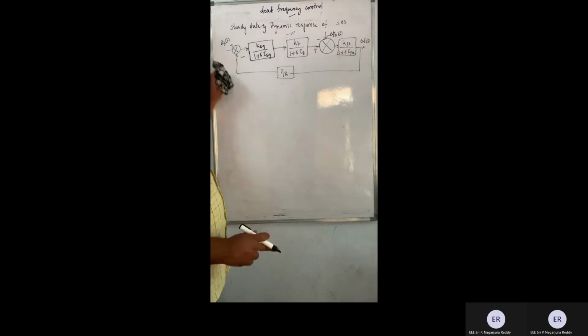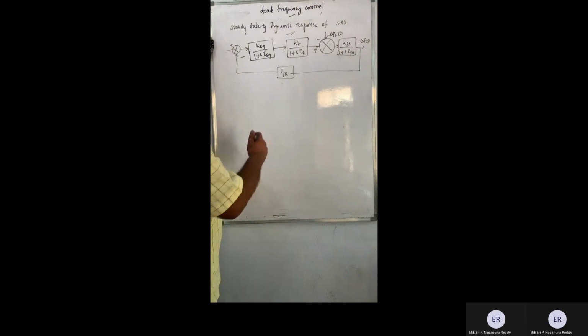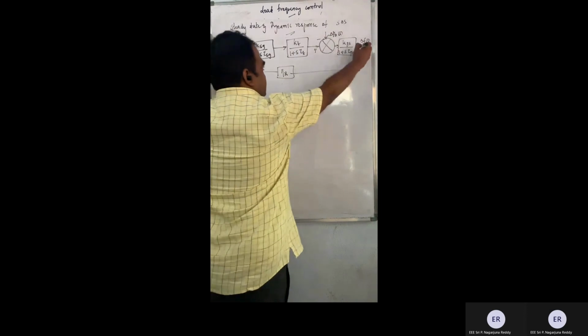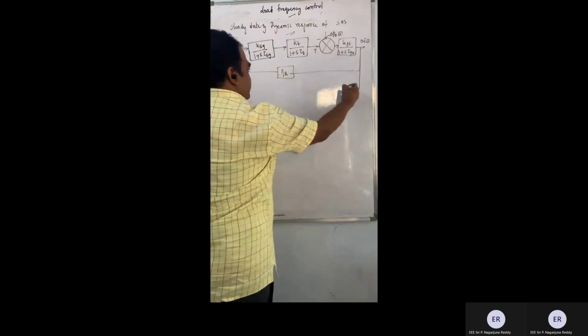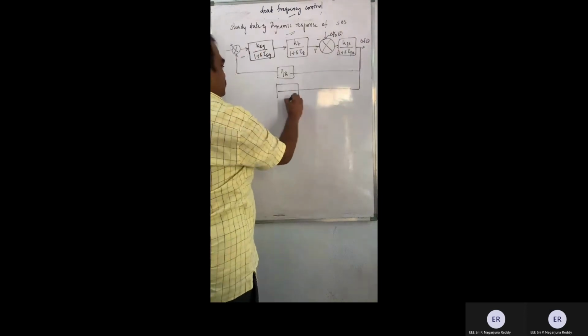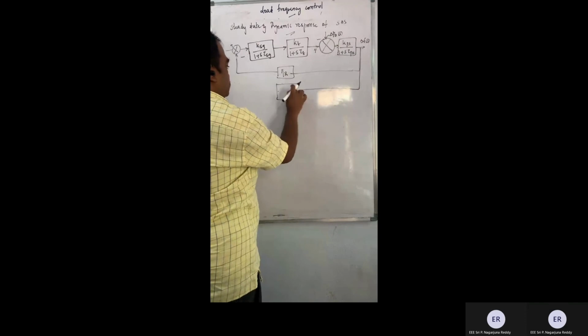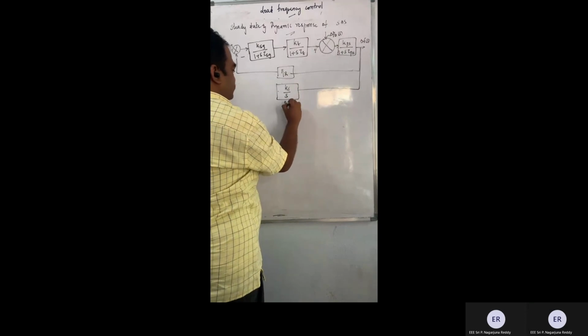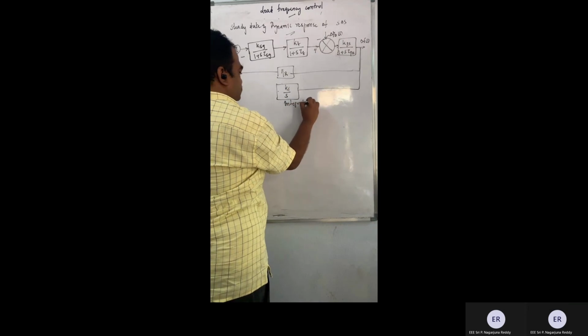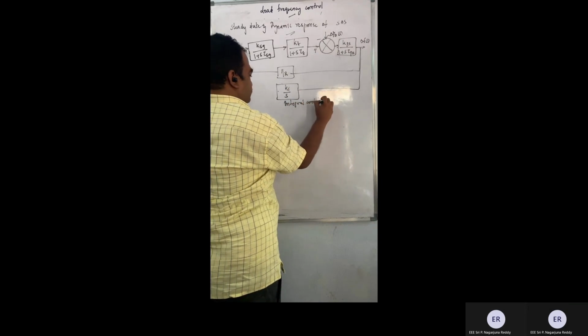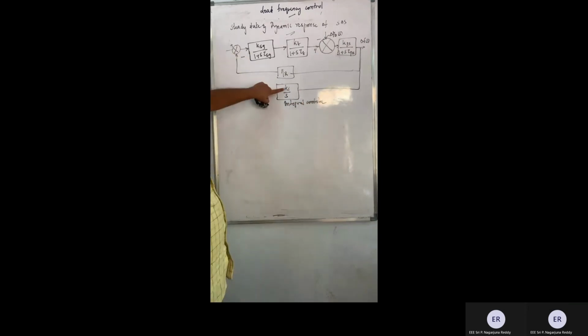So how I'm going to do this is I'm going to employ a feedback signal. This is my feedback signal, and I'm going to employ Ki by S. This is an integral controller with a gain of Ki.